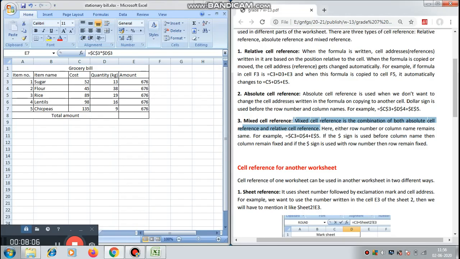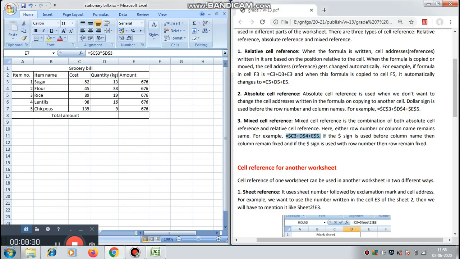Okay. Now we are going to take the example of mixed cell reference. But remember, for the things we have to fix, we are going to use the dollar sign, and for the things we have to keep changing, we are not going to write the dollar sign with that.